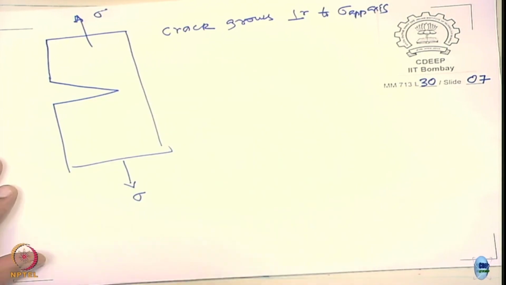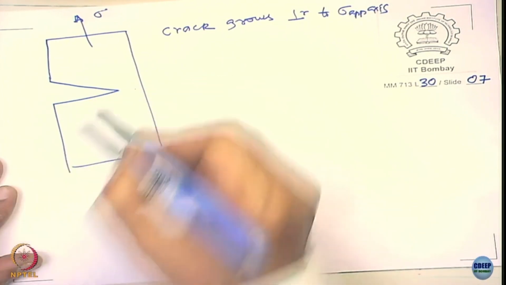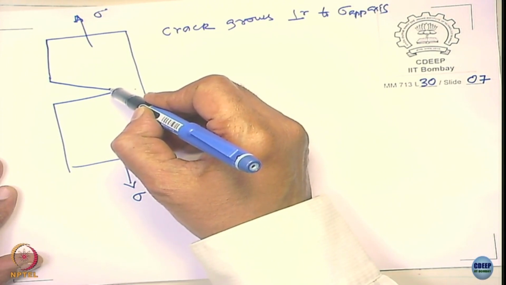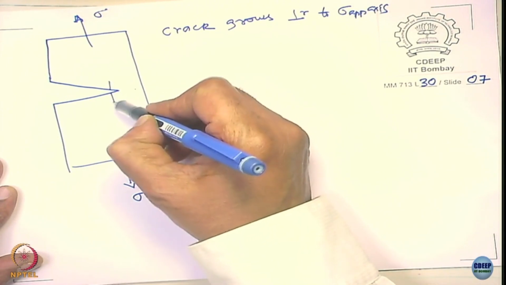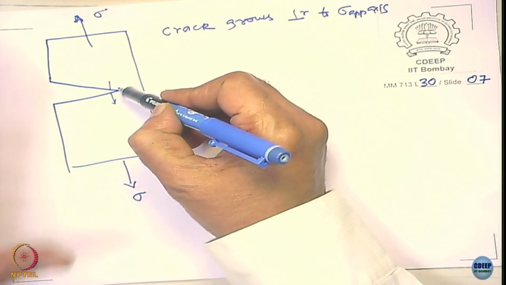When you have an environment, the crack has to grow at the crack tip. If the crack grows sideways like this, the stress has to be concentrated at the crack tip.